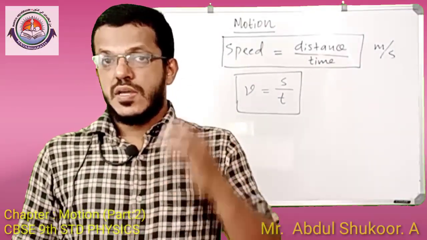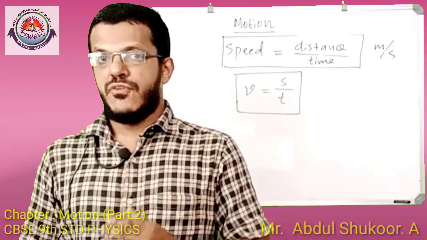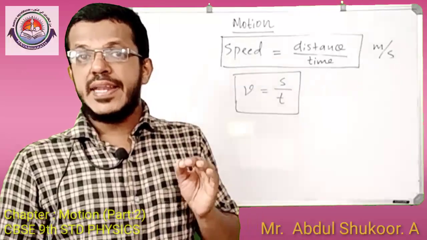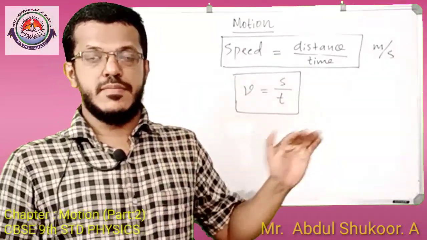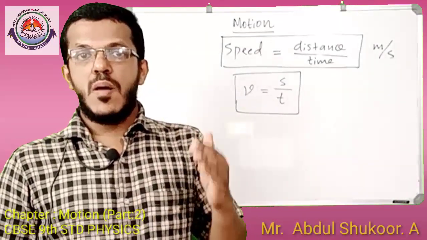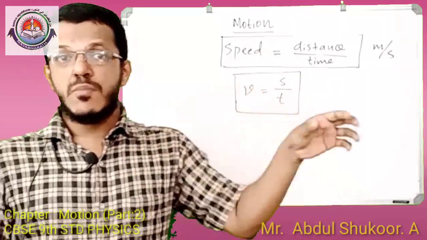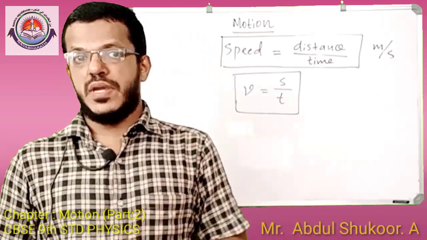If an object moves in uniform motion, it has uniform speed, the same speed. If an object moves in non-uniform motion, it has different speeds. Then we can calculate the average speed.